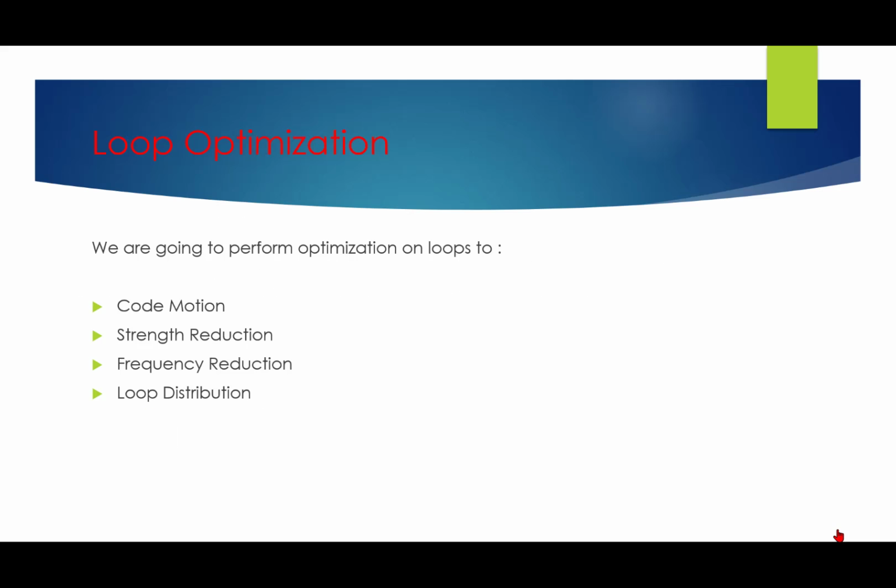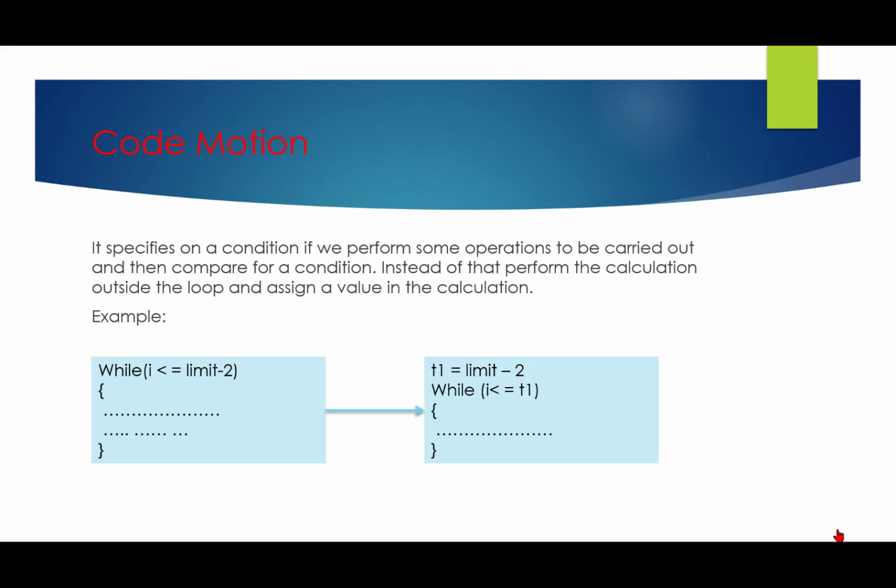Loop optimization. We are going to perform optimization on loops: code motion, strength reduction, frequency reduction, and loop distribution. The first one is code motion. If we perform some operation and then compare for a condition, instead we perform the calculation outside the loop and assign the value.